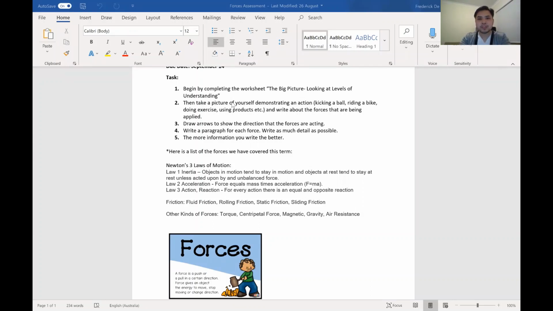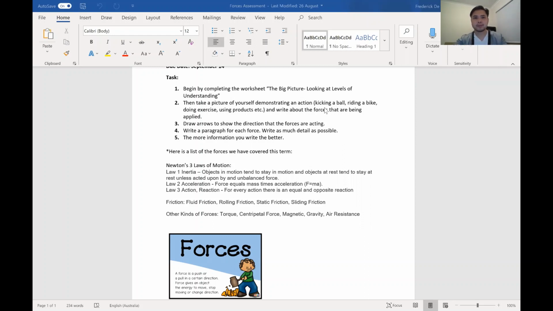Okay, then take a picture. Then you need to take a picture of yourself demonstrating an action. Okay, so either, you know, kicking a ball, riding a bike, doing exercise, using products, anything. Okay, be creative. You can make it a video if you like, and write about the forces that are being applied.